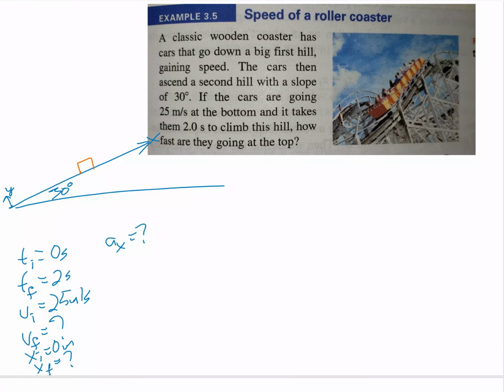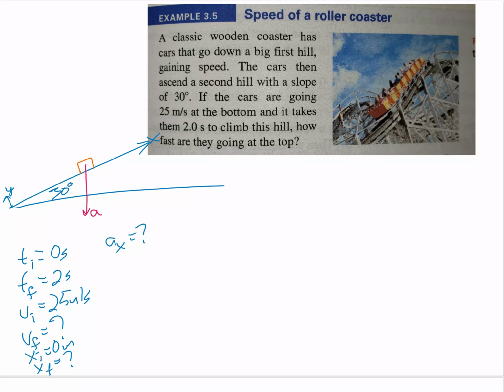Okay, so how does gravity act on the car? Straight down, always straight down towards the center of the earth. Okay, so this is gravity, acceleration due to gravity. We can just call that g. Now, how does acceleration along the track go? A sub x.